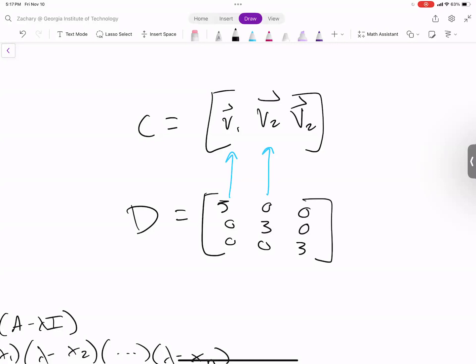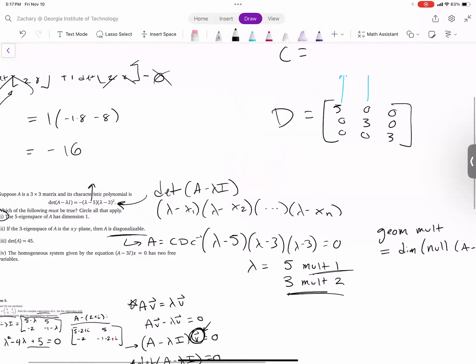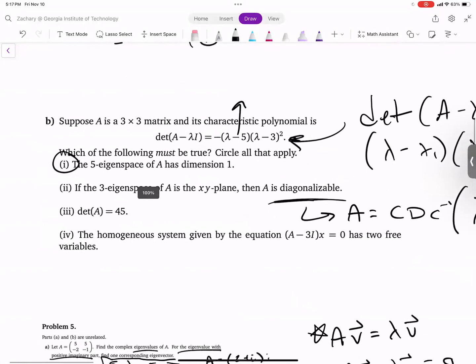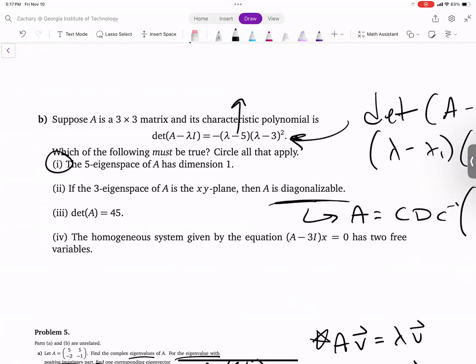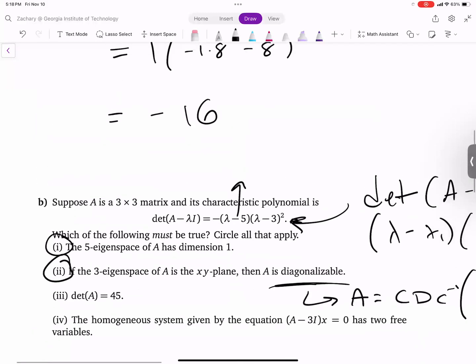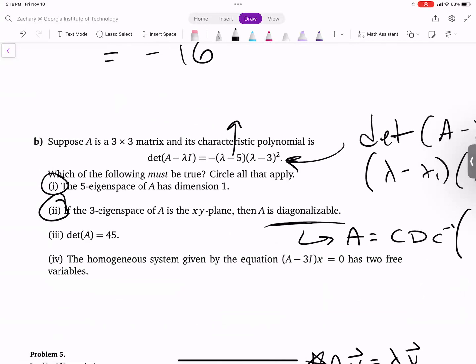No. Okay, looking back here, the 3 eigenspace is an xy plane, so our 3 eigenspace has a dimension of 2. So can we fill up C? Yes. So is A diagonalizable? Yes. All right. So how do we find the determinant if we're given eigenvalues?